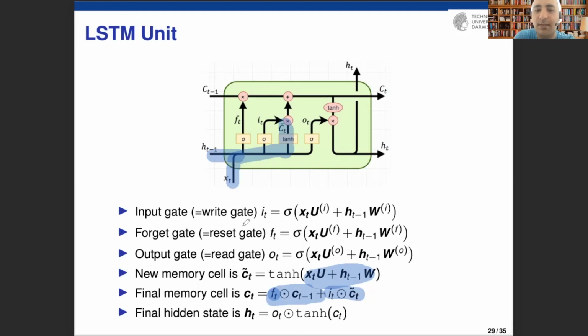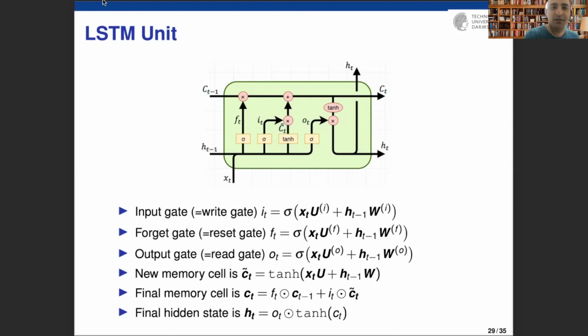And then you get Ct bar, or tilde Ct. And so you say, okay, how much of this content should be used as the input to the memory, and how much content of the previous memory should be forgotten? And then you can combine these two together as the new content of the memory.